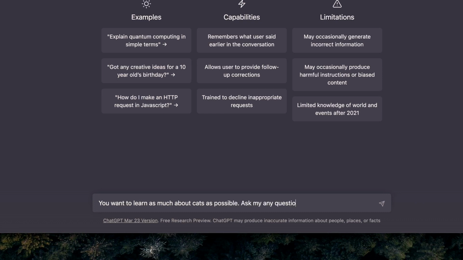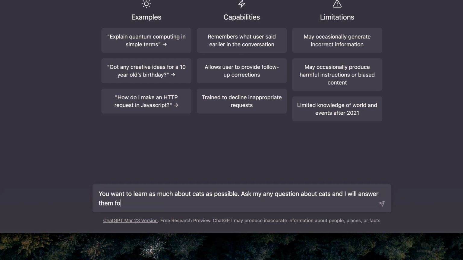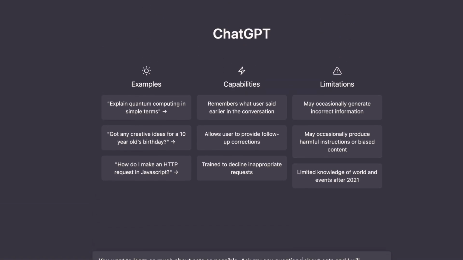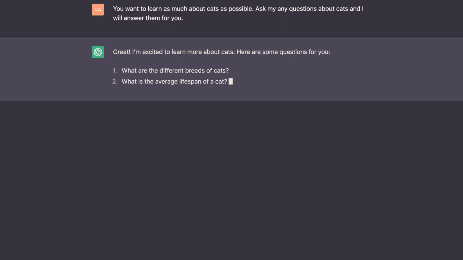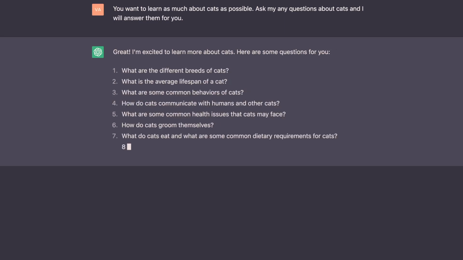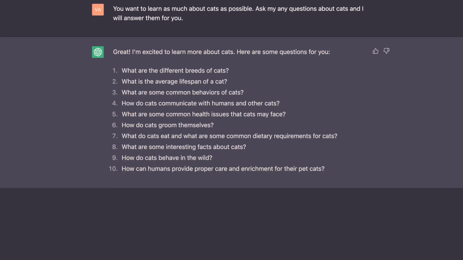Give me questions about cats and I will answer them for you. Do not stop. Now take the questions that the model gives you, because think about it. All of these questions will be based already on the model's kind of understanding of cats, so they will be on topic.